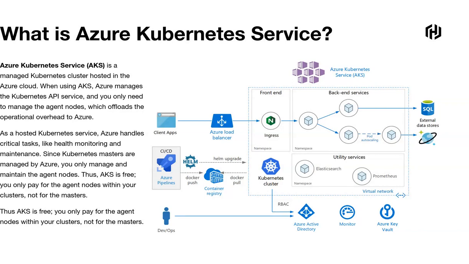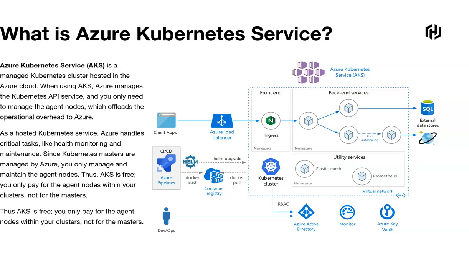So what is Azure Kubernetes Service? Azure Kubernetes Service is simply a managed Kubernetes cluster hosted in the Azure cloud. What Azure does for you is they do all the management for you. They manage the Kubernetes API service. You only need to manage the nodes yourself, where your containers run.